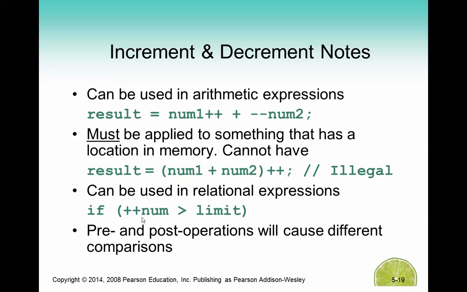Here they are telling us how we can use it. Can be used in an arithmetic expression. Let's suppose that in num1 I have a 5, and in num2 I have a 3. What will be the result of that operation?